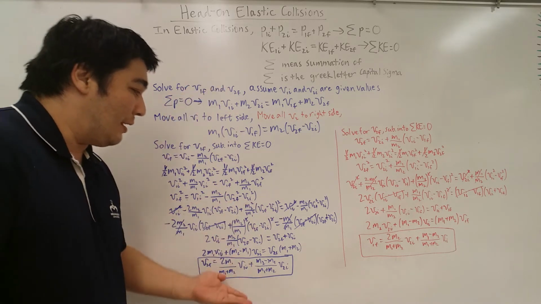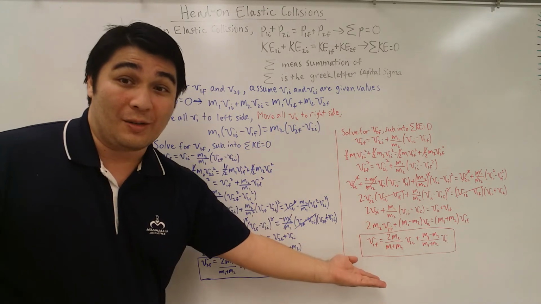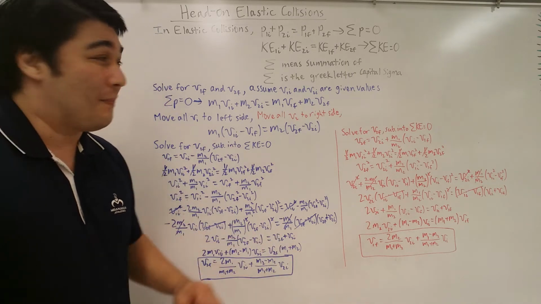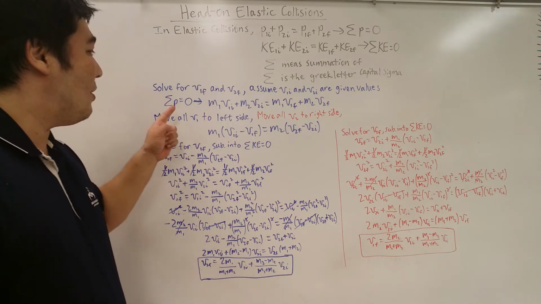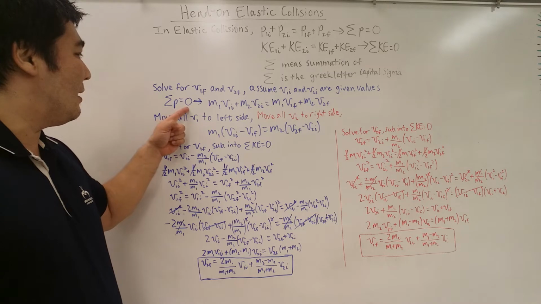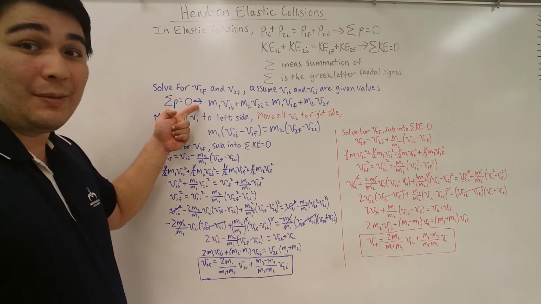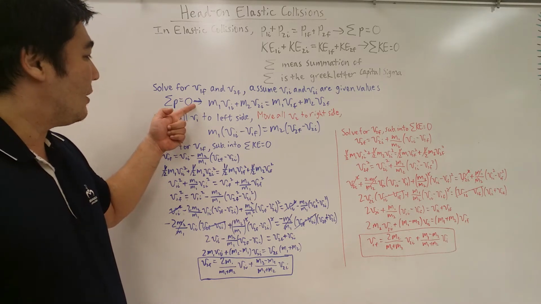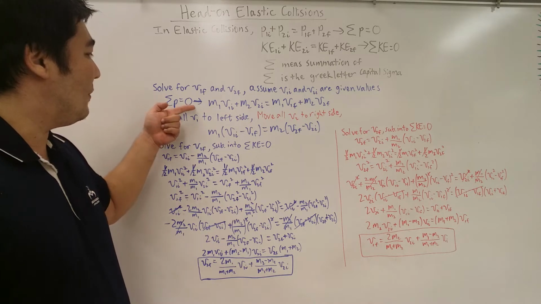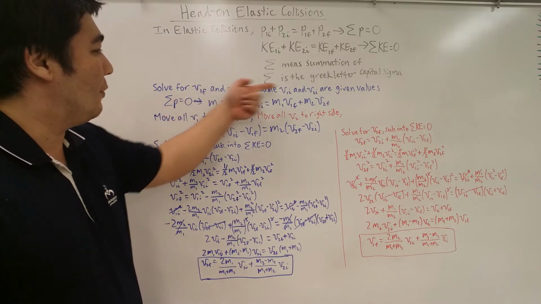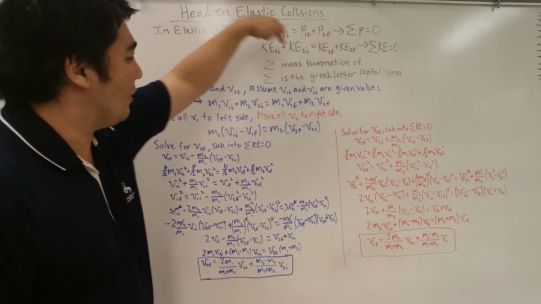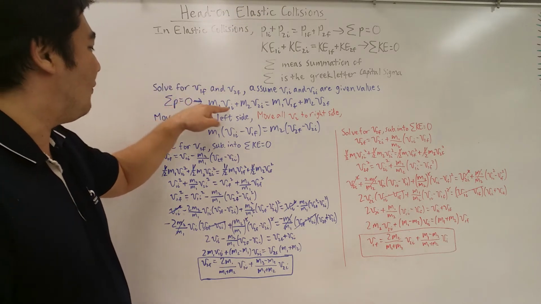That's why I did V2 final in blue and V1 final in red. Okay, here we go. So we know that the sum of all of the momenta is 0, and this symbol means which leads to. So the sum of all momentum is 0, which leads to what I wrote earlier, right up here. I just, instead of writing P, I wrote MV.